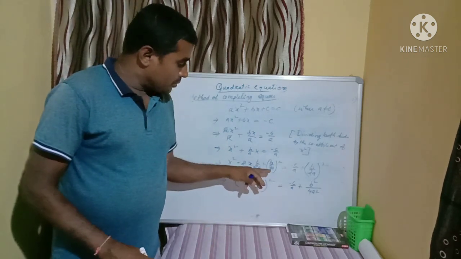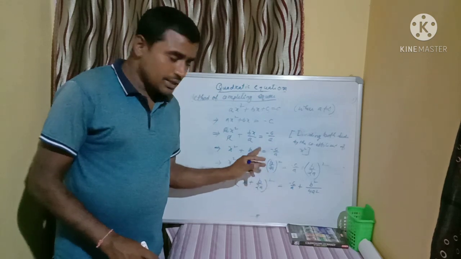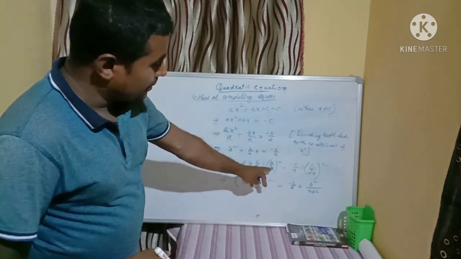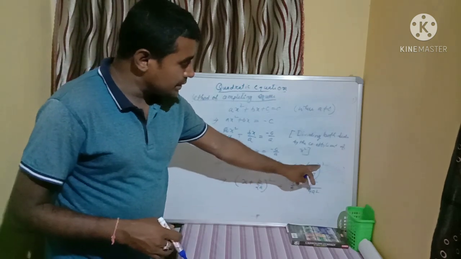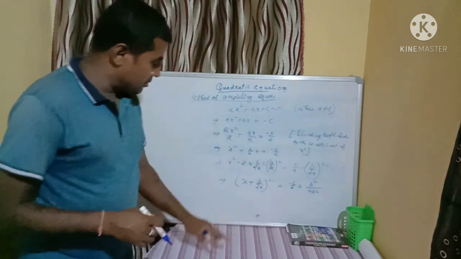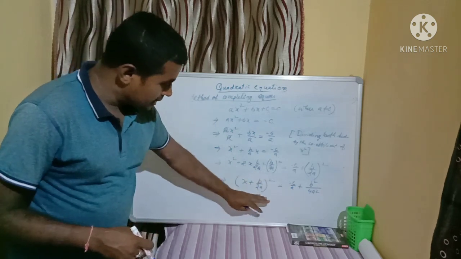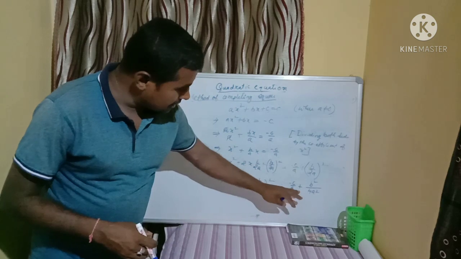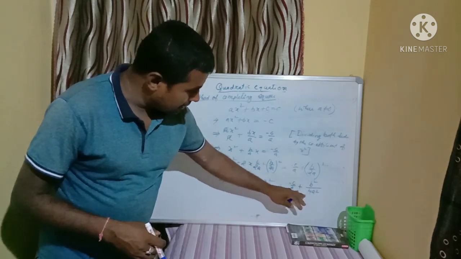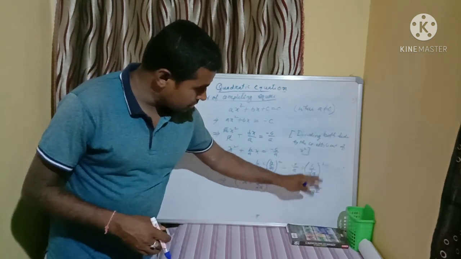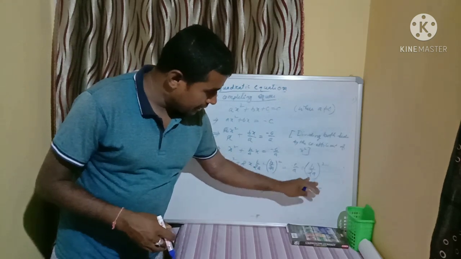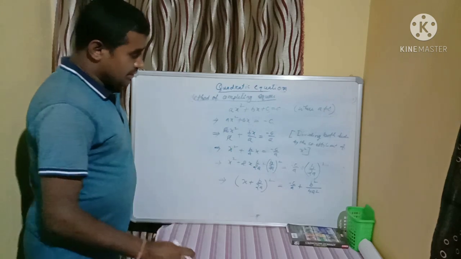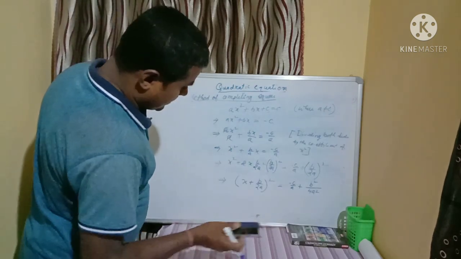So in this step we add b by twice a whole square on the left side, and similarly we need to do the same on the right side, so b by twice a whole square is added on the right side. Now the left hand side becomes x plus b by twice a whole square, and the right hand side is minus c by a plus, splitting the whole square term, b square by 2 square, means 4a square. Finish.